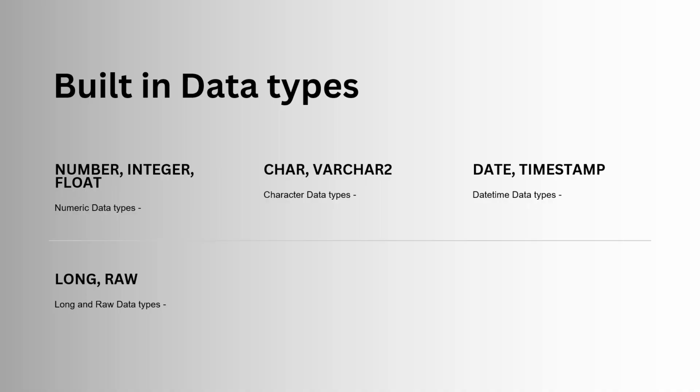And we have large object data types or binary data types, which allow us to store even photos, videos, music, any large documents in a column. Clob and blob come under LOB data types. And finally, we have the row ID data type. Row ID is not actually a data type, but it is used to capture the physical address of each and every row of a table.